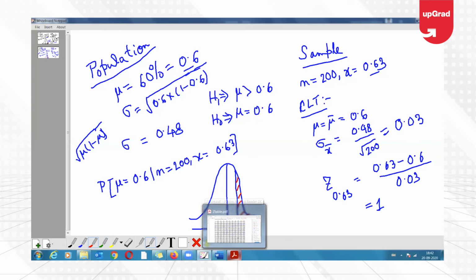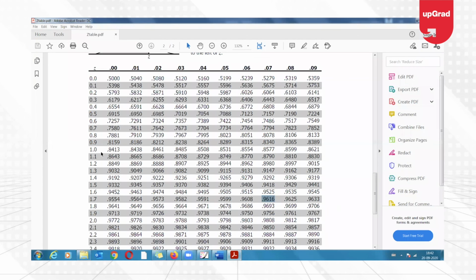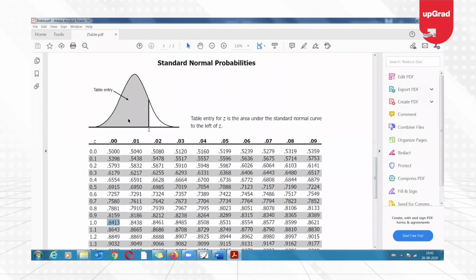So let's find out the probability for z-score 1. It is 0.8413, which is this side. My rejection region is this side.